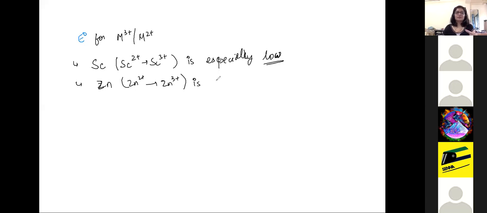So yes, Jasleen? No, nothing, ma'am. Okay. So Ananya also says it's going to be very high. Exactly, absolutely. Because 3d10 is fully filled, removing an electron is going to be very difficult. So this is also going to be especially high.